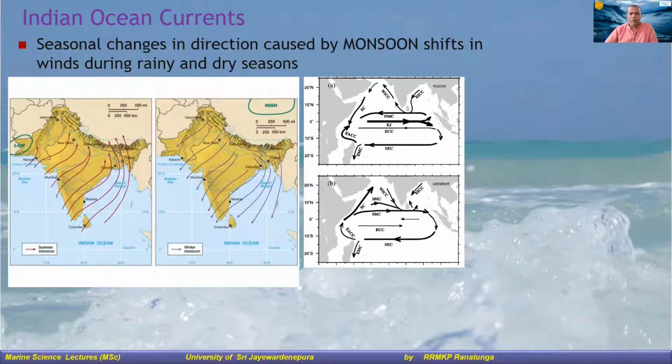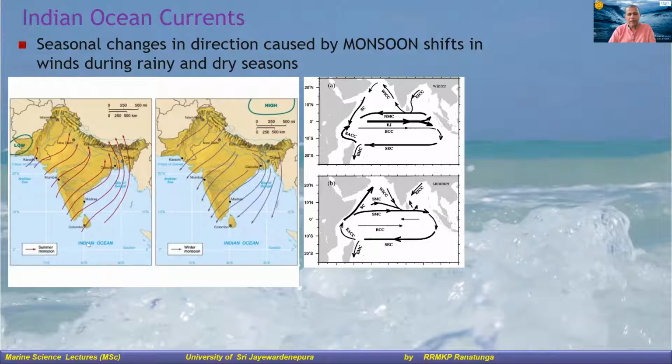So now, what is the actual reason for the monsoon reversal? To understand this concept, we know something called the overhead sun. The sun may sometimes be just above the equator, somewhere here.